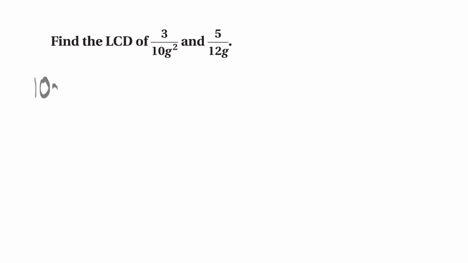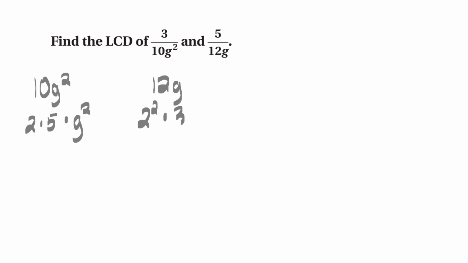So I'm going to look at 10g squared, and I'm going to break that down into its prime factorization. So 10 is 2 times 5, and then we would have g squared. And then I'm looking at my 12g, and 12's prime factorization is 2 squared times 3 times g.